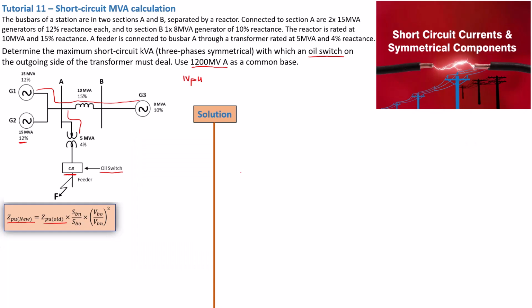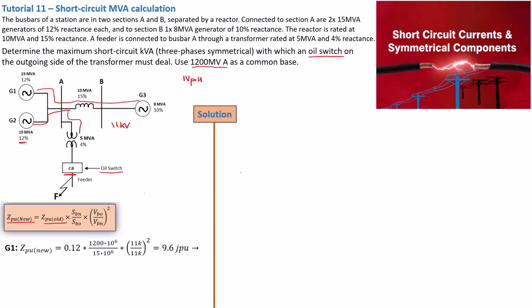So having said that, computing the value of Z per unit for generator 1, it's then given as 9.6 j per unit. Now notice here we are using 11 kilovolt as the voltage of generator 1, generator 2 and generator 3. So that basically means this entire network here is going to have a base of 11 kilovolt that I have chosen.